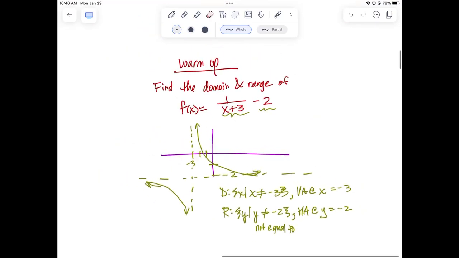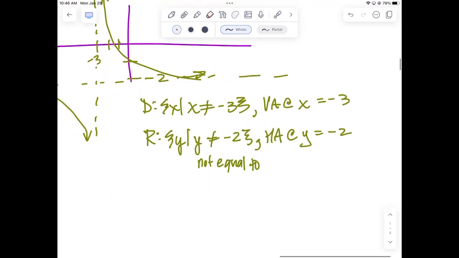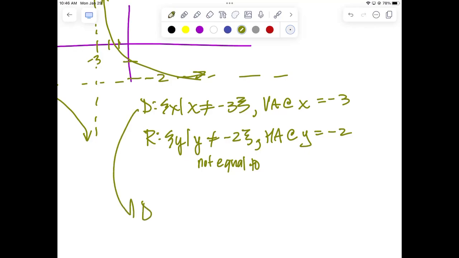Any other comments or questions on that? Is there any other way you can write that? Like the domain, if you don't want to say x cannot equal -3, you can say the domain is x epsilon, negative infinity to -3, union -3 to infinity. That works the same way. It's a lot more writing though, isn't it? Yeah.